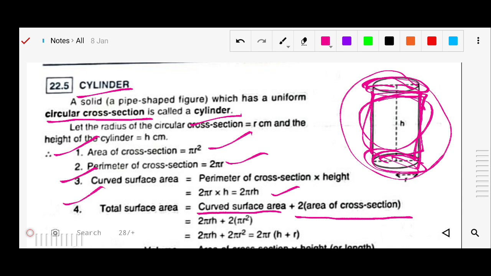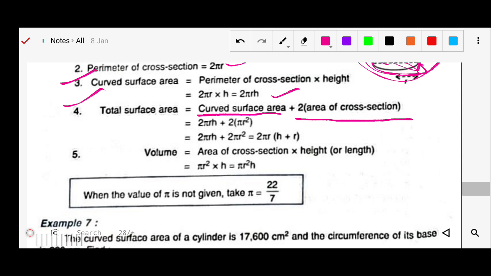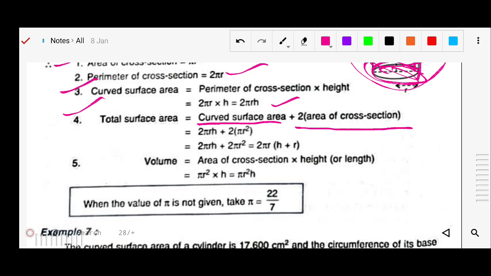So here are the formulas for the cylinder, which you have to write down in your copy and learn by heart. The volume is pi r square into h. As you know, the value of pi is 22/7 or 3.14.